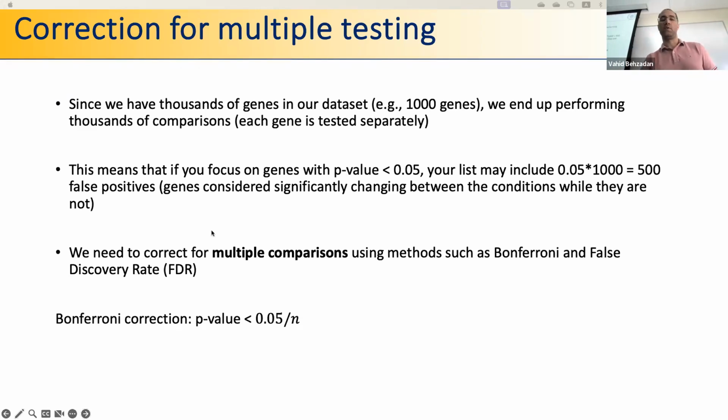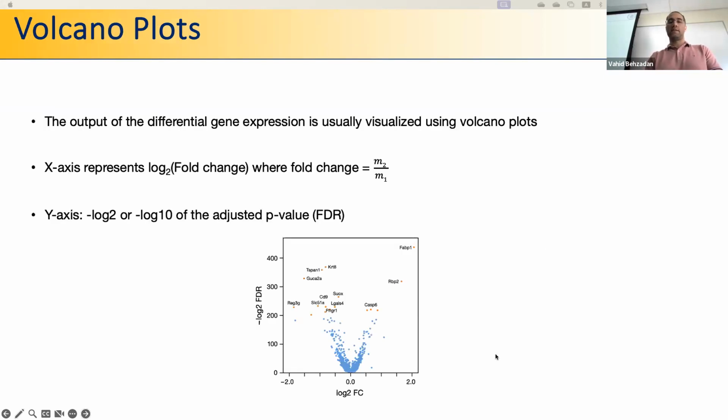For example, if your alpha threshold, or p-value threshold, is below 5%, and you perform 1,000 comparisons, you would end up with 50 false positives, right? So you need to use methods like Bonferroni or false discovery rate to correct for this. And this is the volcano plot that we get when we perform differential gene expression.